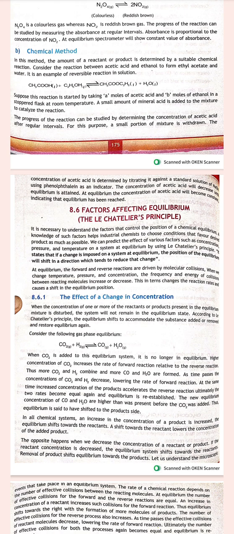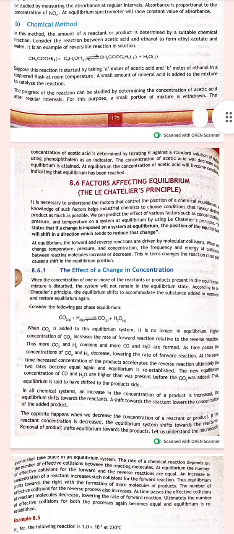So suppose this reaction is started by taking A moles of acetic acid and B moles of ethanol in a stoppered flask at room temperature. A small amount of mineral acid is added to the mixture to catalyze the reaction. The progress of reaction can be studied by determining the concentration of acetic acid after regular intervals.